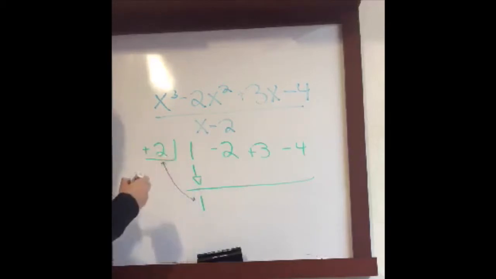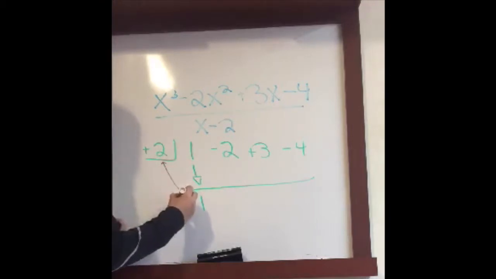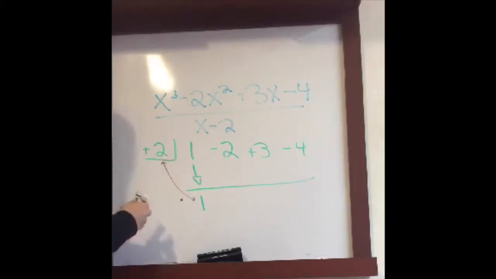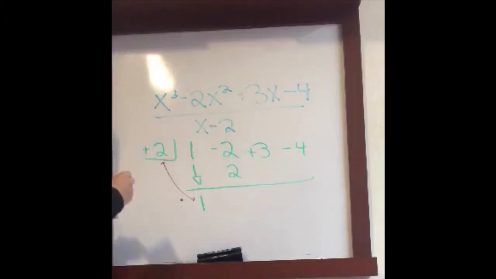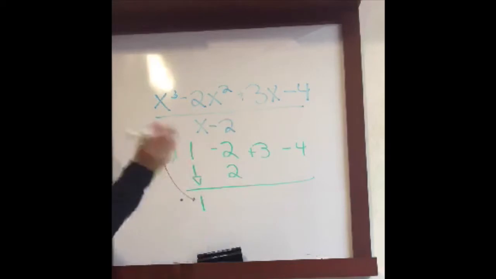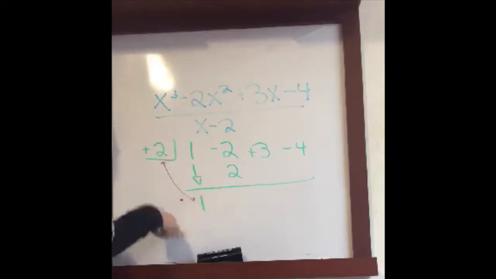So it's going to be 2 times 1, which is 2. We are always going to multiply this times this.